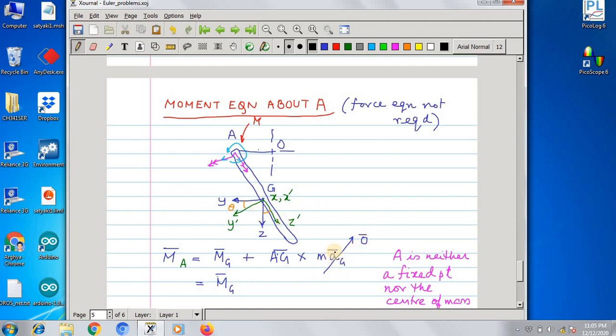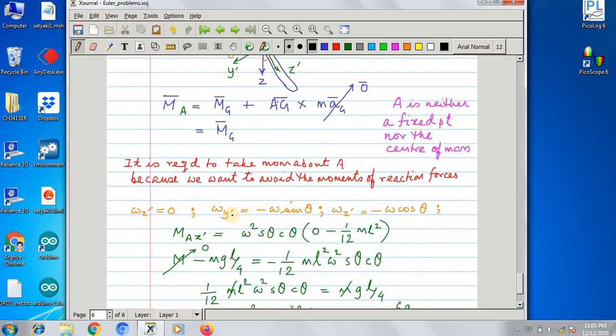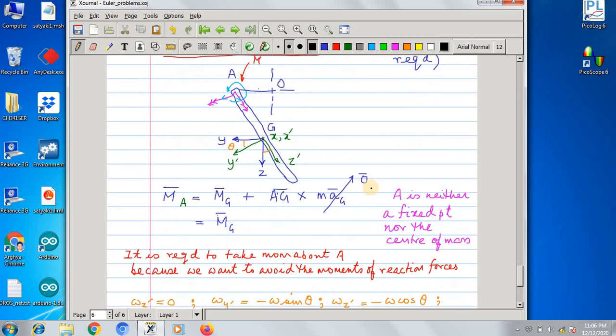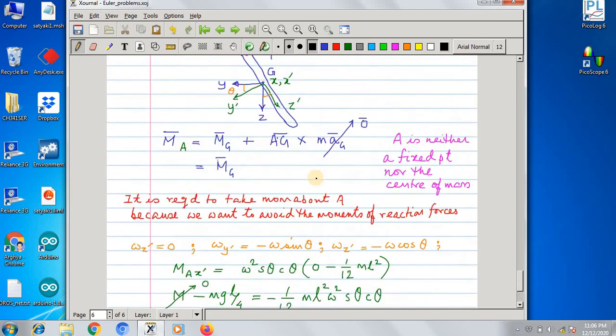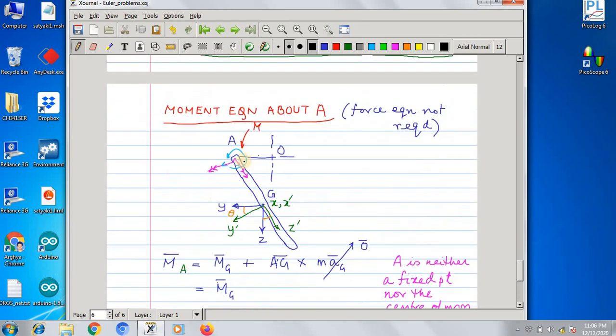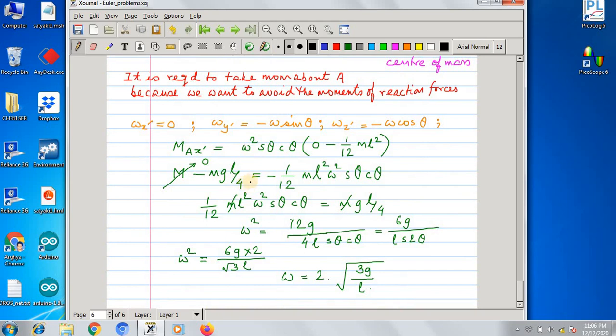Mass into acceleration of the center of mass is 0, so moment about A is the same as moment about G. The right hand side is the same as what we are getting here for moment about G, and in the left hand side we are taking moment about A. So mg multiplied by this, going inside, so negative. This is minus mgL by 4 equal to this.